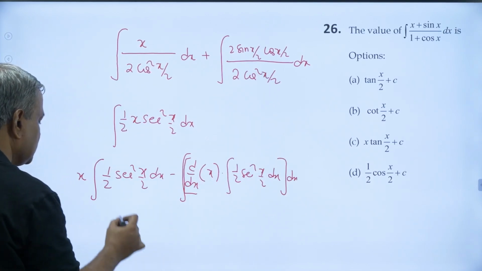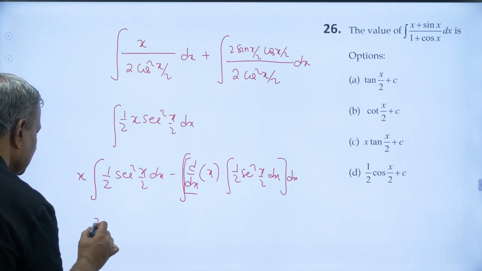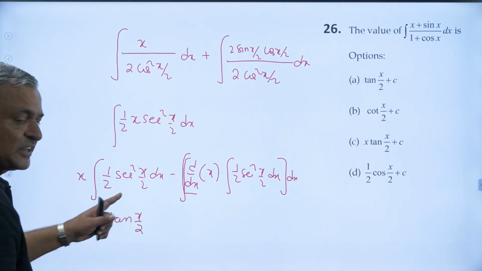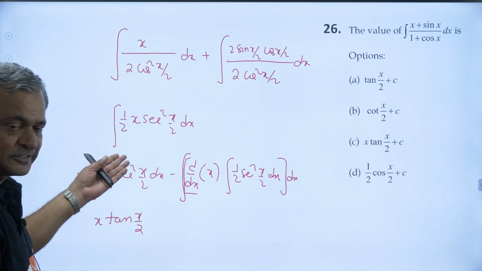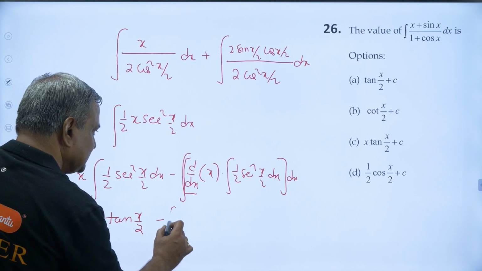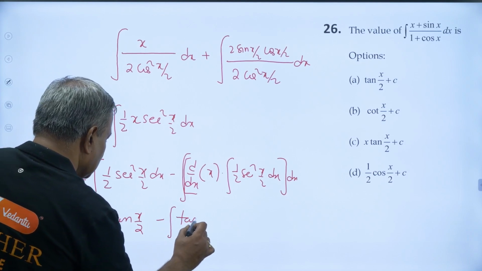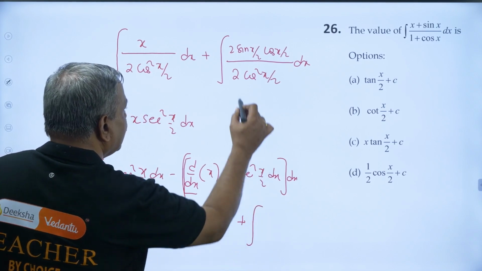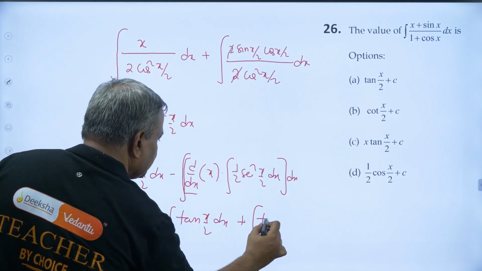So this will give you x tan x by 2. The integral of secant square x by 2 is tan x by 2, and the 2 will cancel. So x tan x by 2 minus integral of tan x by 2 dx plus what is written here, 2 into tan x by 2.